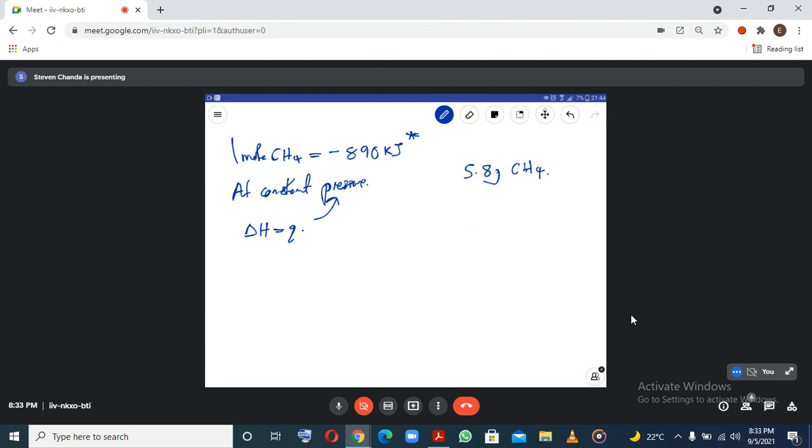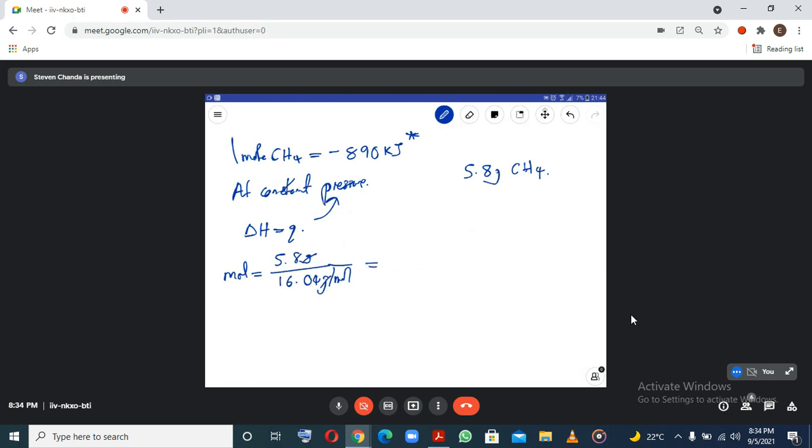Okay, so now how do you find the number of moles? Moles is going to be mass, so the mass is 5.8 grams over the molecular mass, right? So it's going to be grams per mole as the molar mass, so the grams cancel, and we're remaining with the moles.